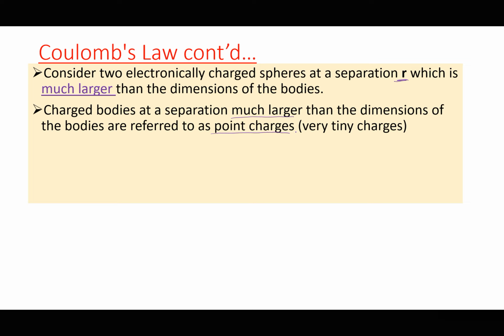They could be very large spheres in everyday life, but if the separation between the two spheres is much greater than the dimensions of either of the spheres, then the two spheres can be referred to as point charges.